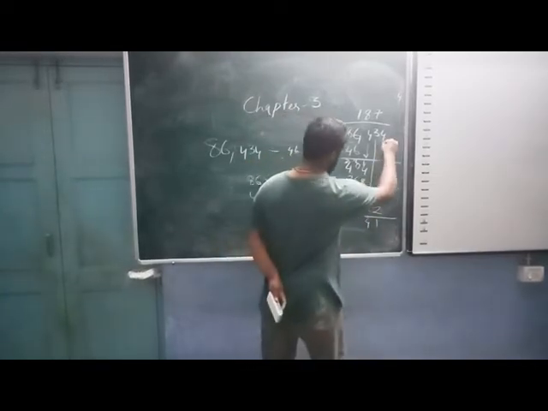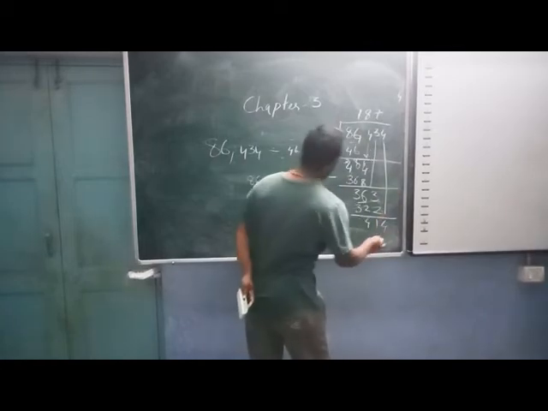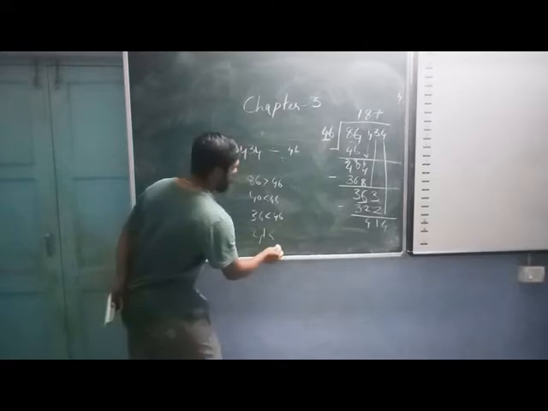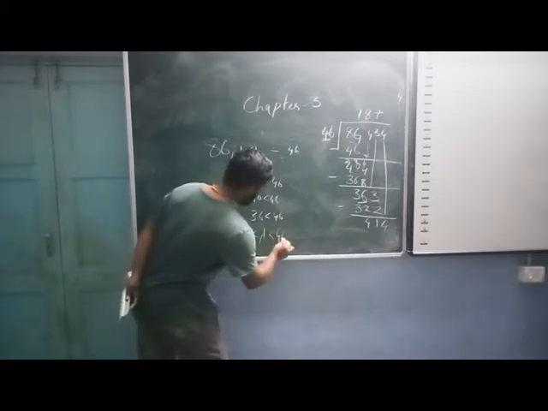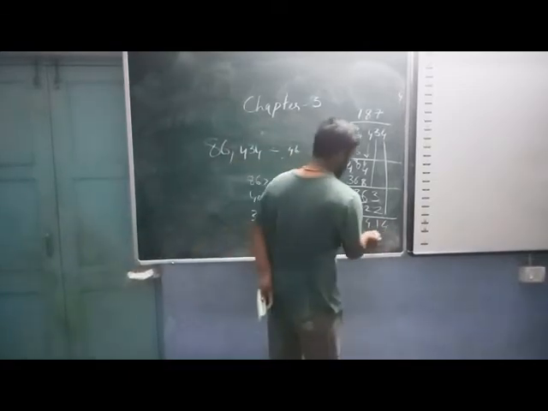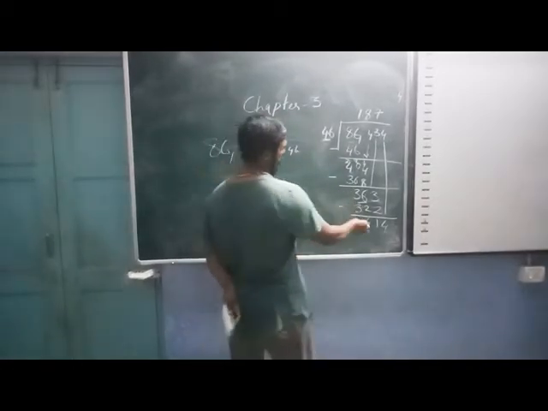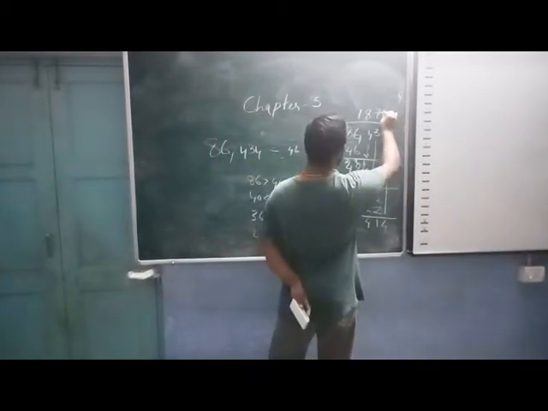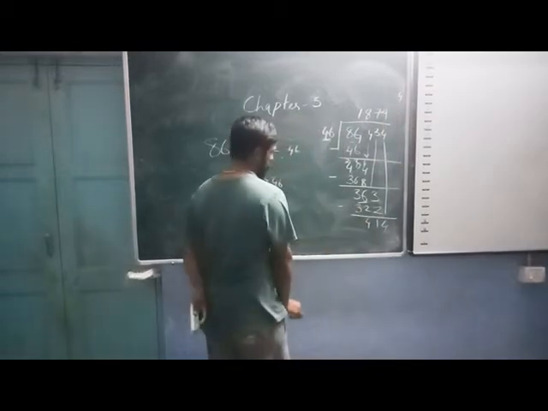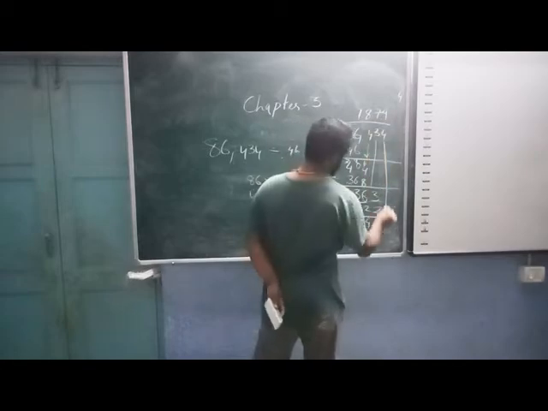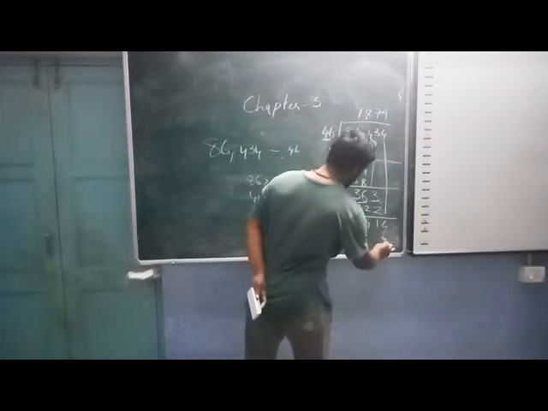Now you bring the last number down. Here you see 41 is again less than 46. So we consider all the numbers together. So again what do we have to do? We have to multiply with 9. So let us see what it becomes. 6 9s are 54. So 54.